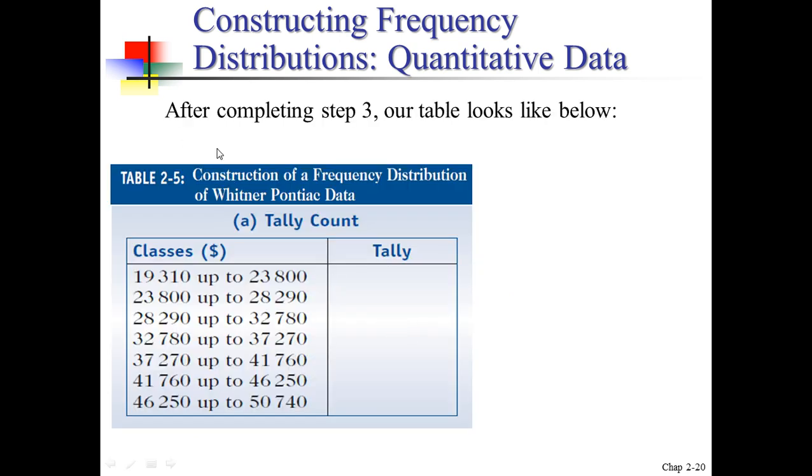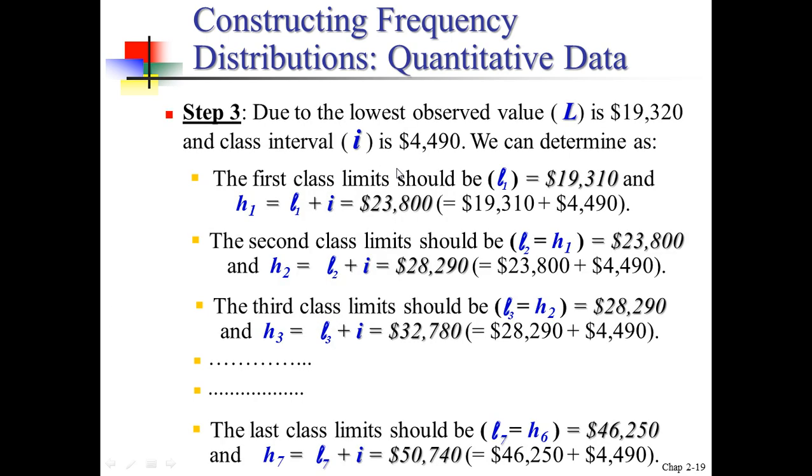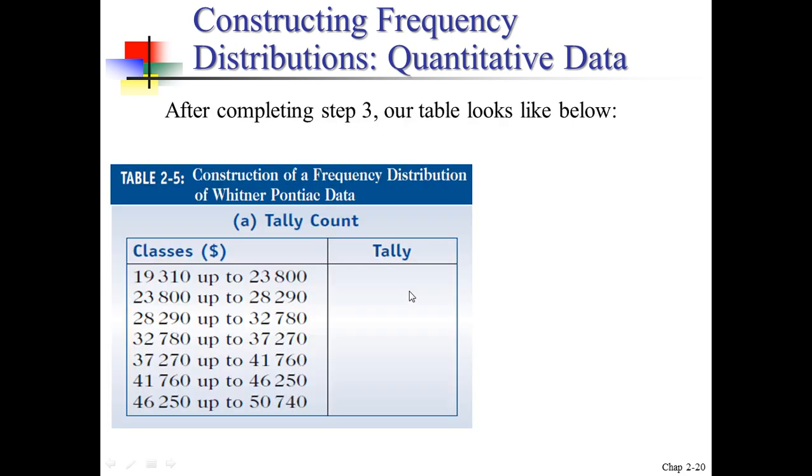So after you complete three steps, step 1, step 2, step 3, your table must look like this. Column 1: L1, H1. H1 equals L2 plus I, H2. H2 equals L3 plus I, H3.